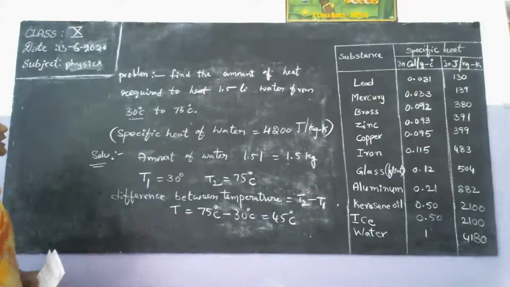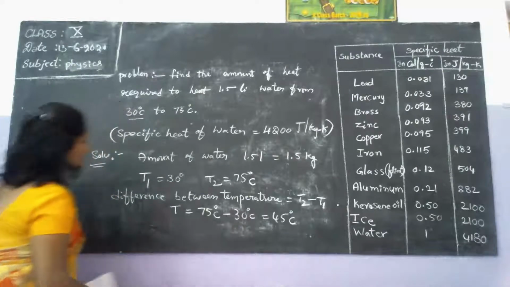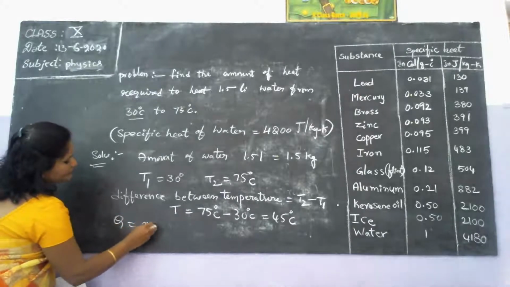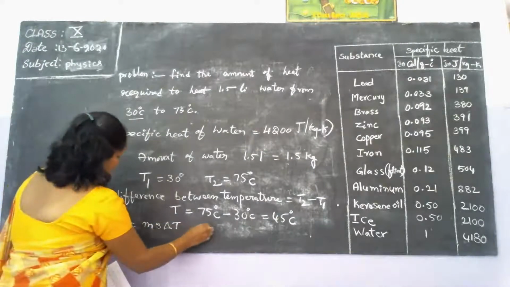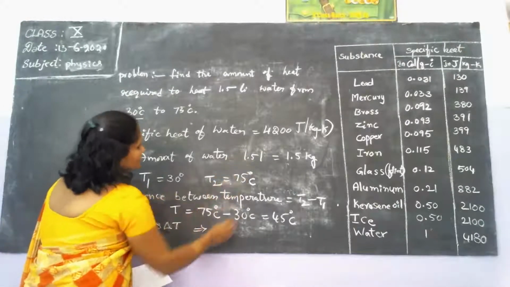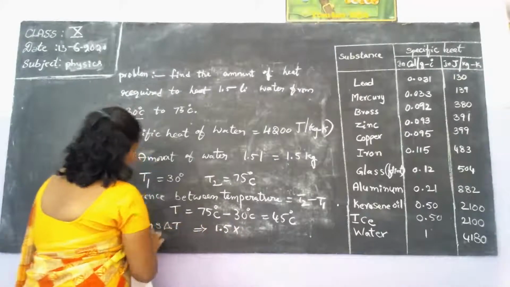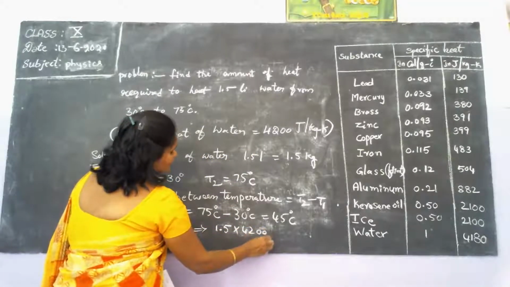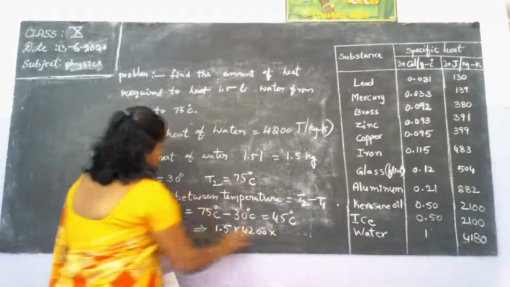Now we calculate the final amount of heat. Same formula: Q equals M S delta T. What is the mass? Mass is 1.5 kg. S means the specific heat of water, 4,200 joules per kg kelvin.